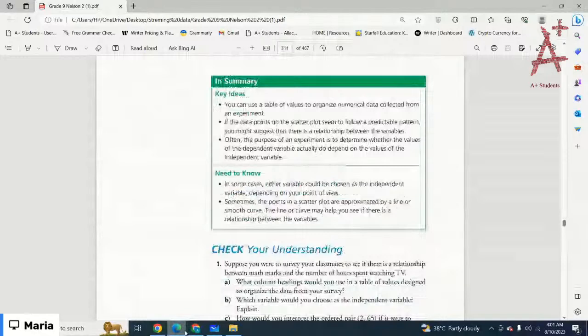Often the purpose of an experiment is to determine whether the values of the dependent variable actually depend on the values of the independent variable. In some cases, either variable could be chosen as the independent variable, depending on your point of view. Let's just start with the practice questions.